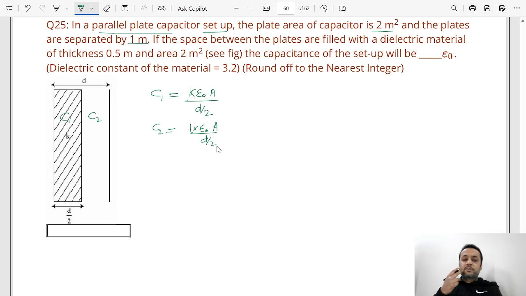C1 and C2 are in series, so C equivalent will be C1 C2 divided by C1 plus C2.